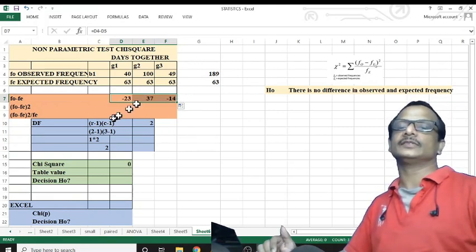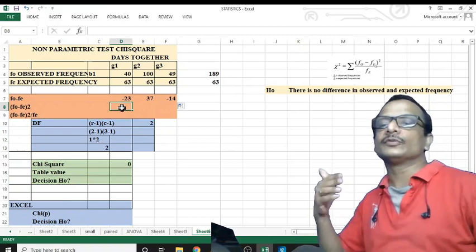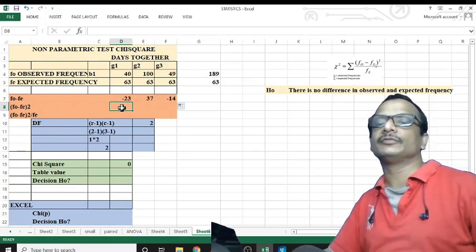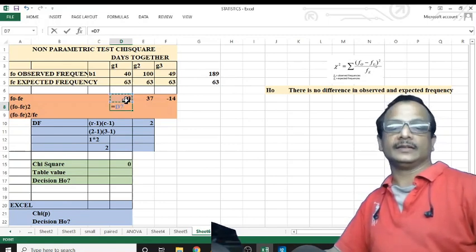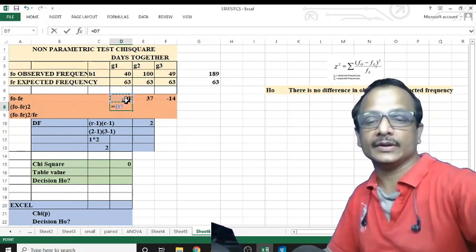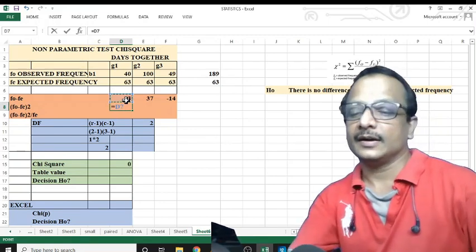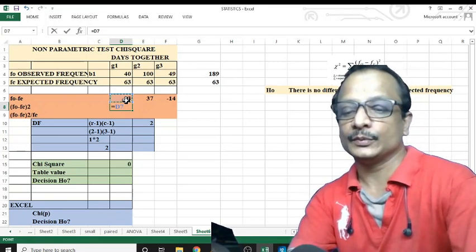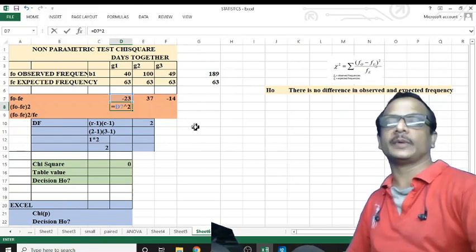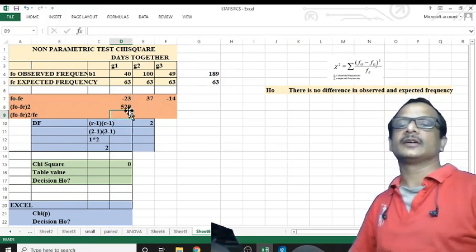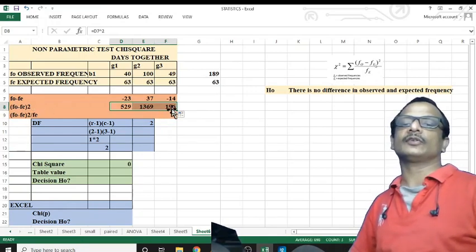And this calculation is over. Then go for FO minus FE all squared: minus 23 into minus 23 equals 529. In that way we can calculate the square of these three values.